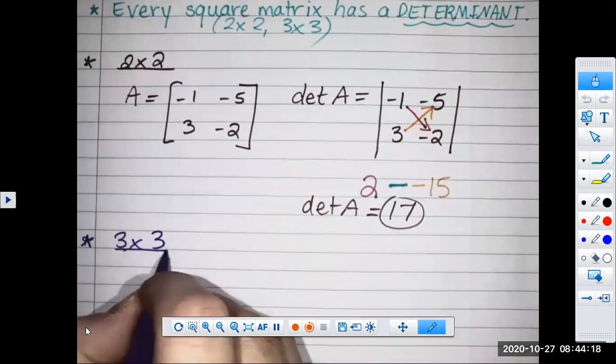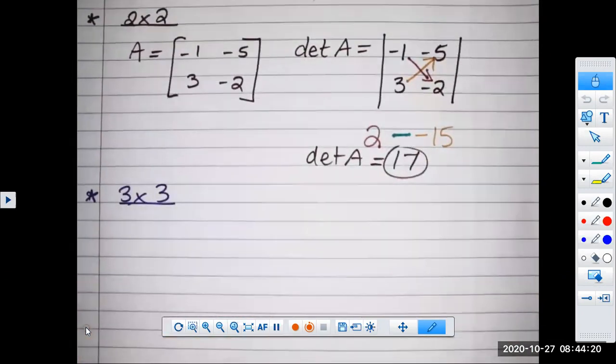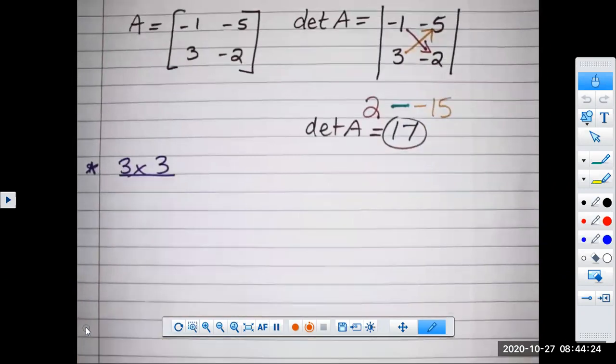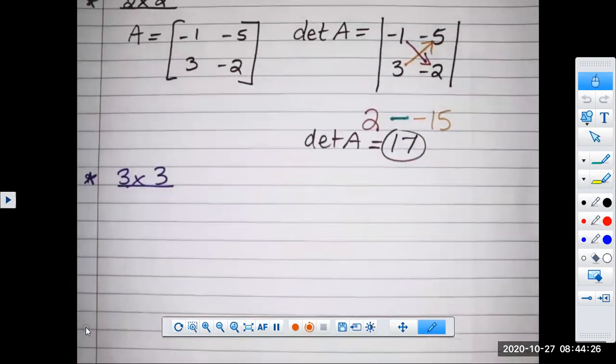Okay, for a 3x3, there's 2 methods. We looked at them last year in Algebra 2 Trig: you looked at the arrow method and you also looked at expanding by minors.